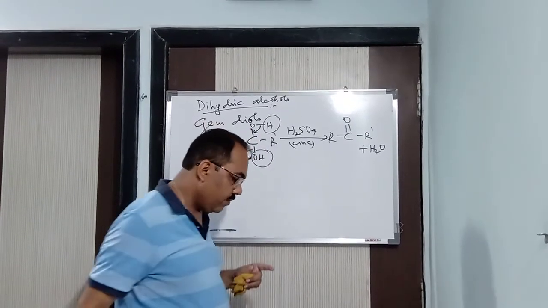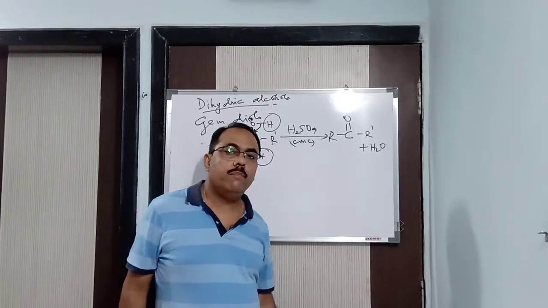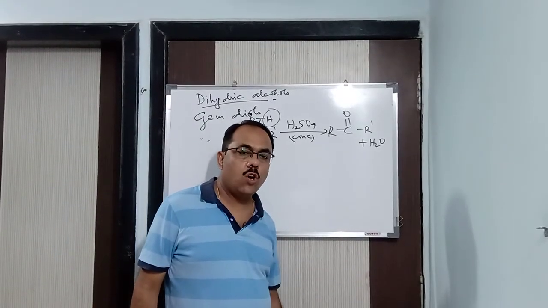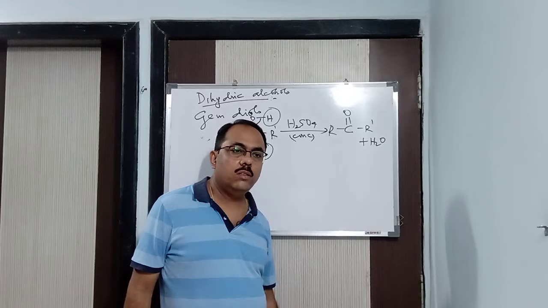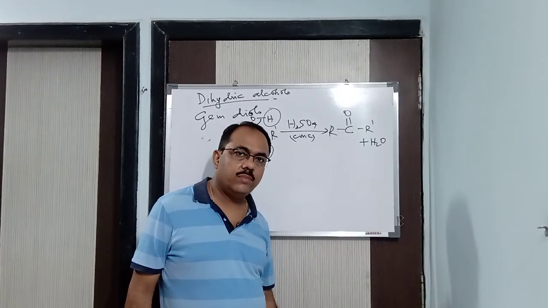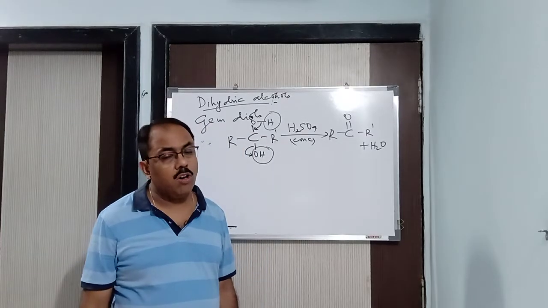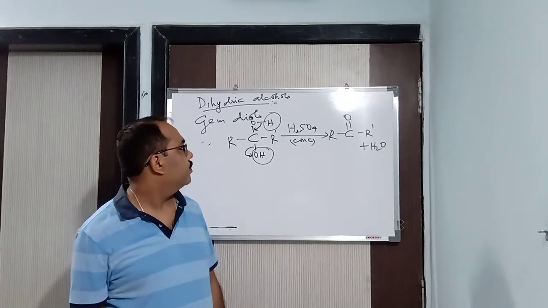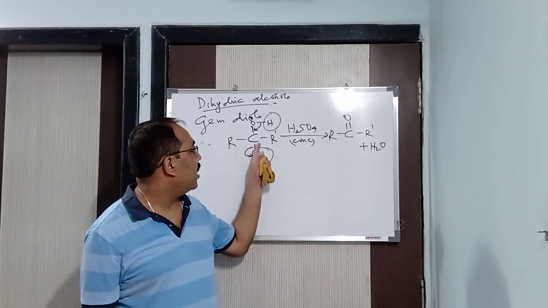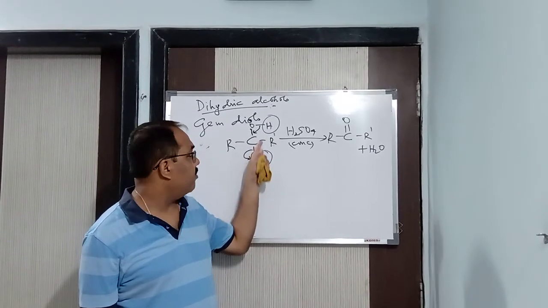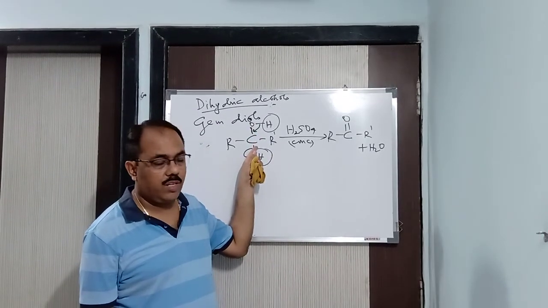Okay, that's called intramolecular hydrogen bonding. Now point number 2, presence of a strong minus I effect or minus I group on the alpha carbon. This is the alpha carbon because the carbon to which the functional group is attached is called the alpha carbon.